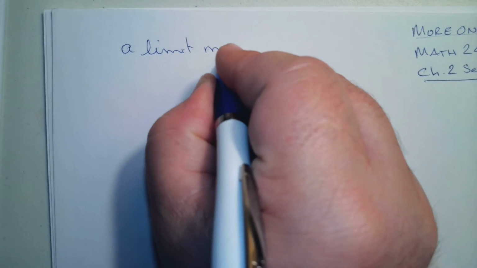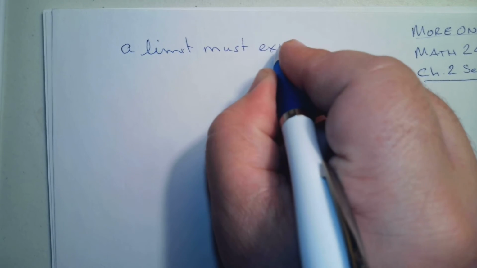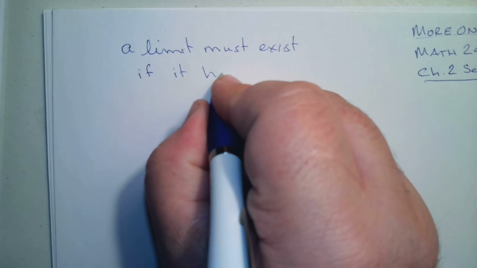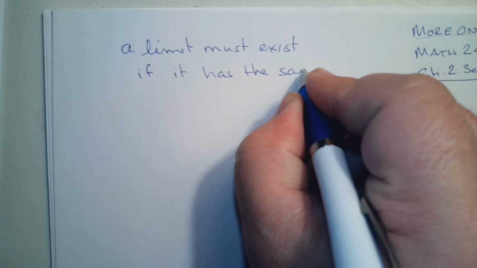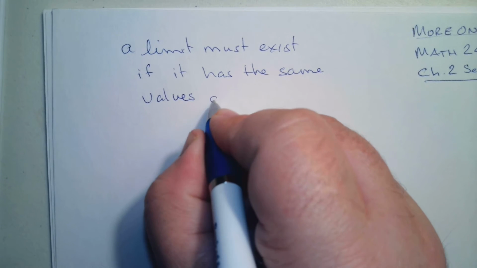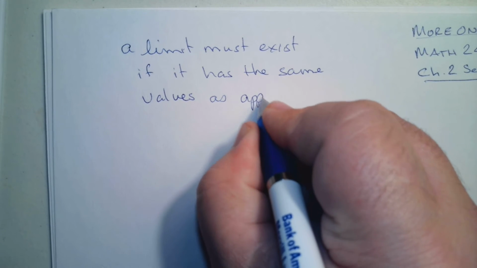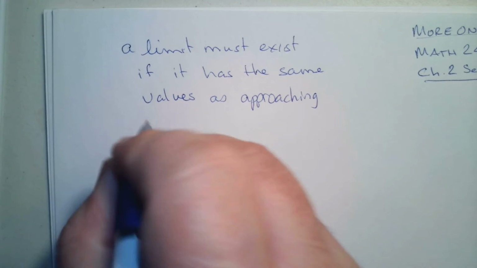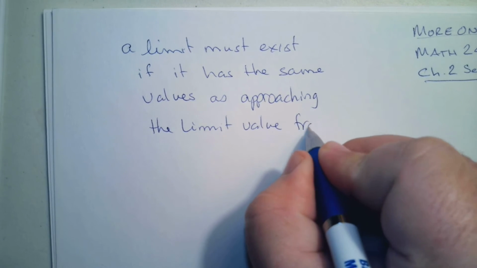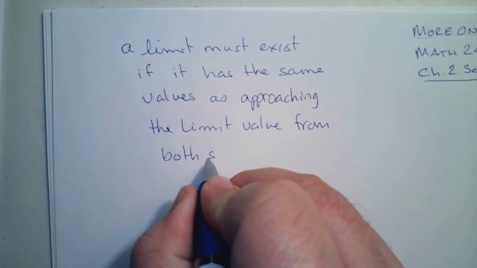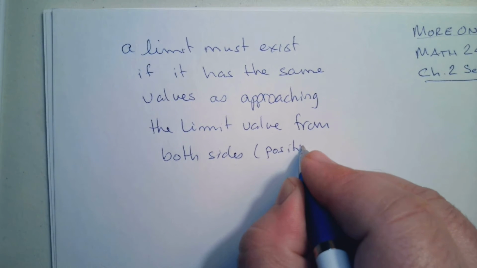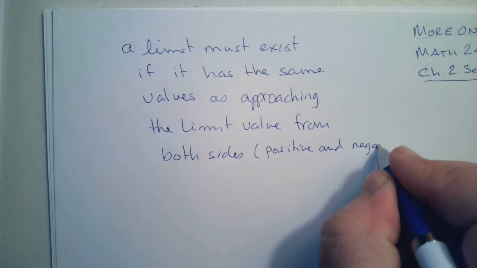A limit must exist if it has the same values approaching the limit value from both sides, positive and negative.